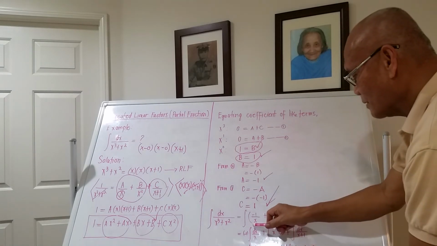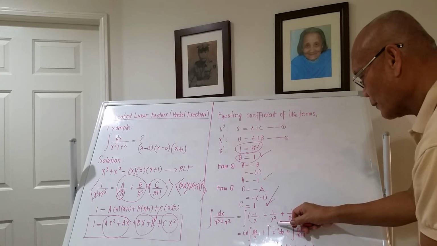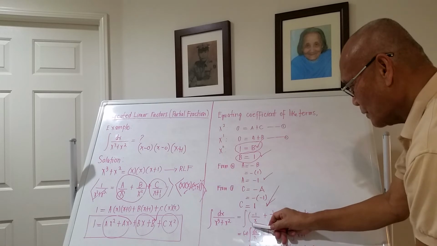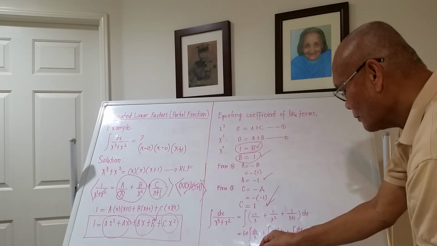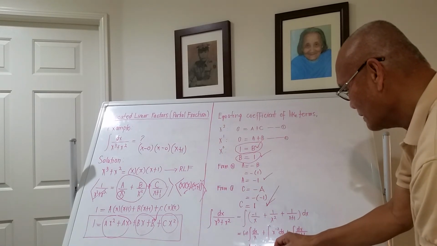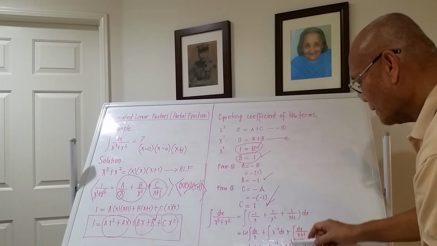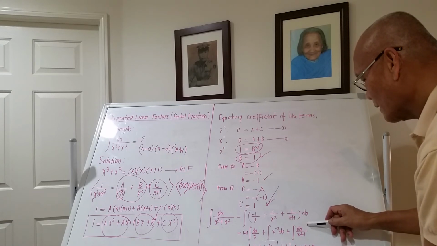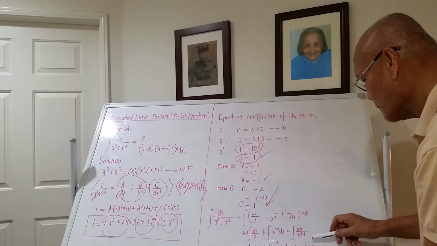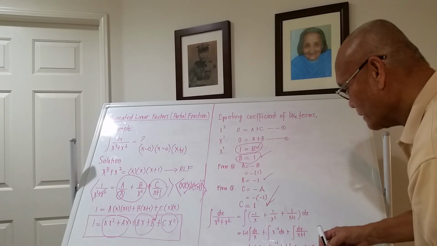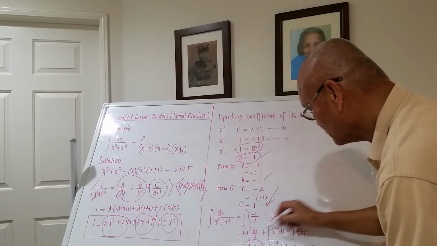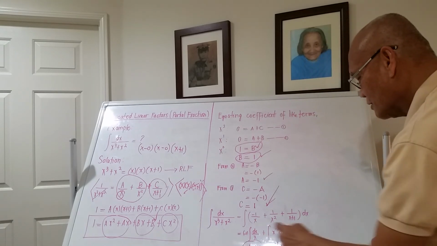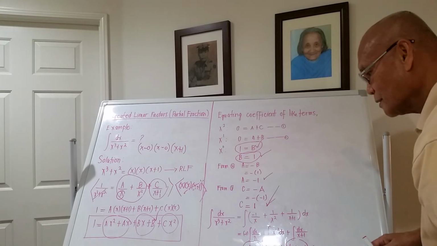First one, natural logarithm. Second one, power formula. Third one, natural logarithm. So if we integrate this, it should be negative the natural logarithm of x, plus, by the power formula, x to the minus 1 over minus 1, plus again the natural logarithm of x plus 1, plus C. Then we combine this: this is minus and this is plus, under one natural logarithm sign.